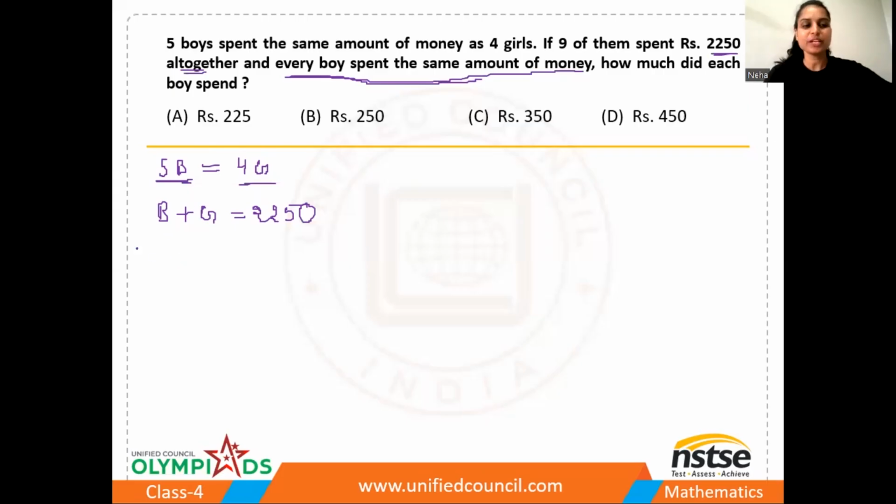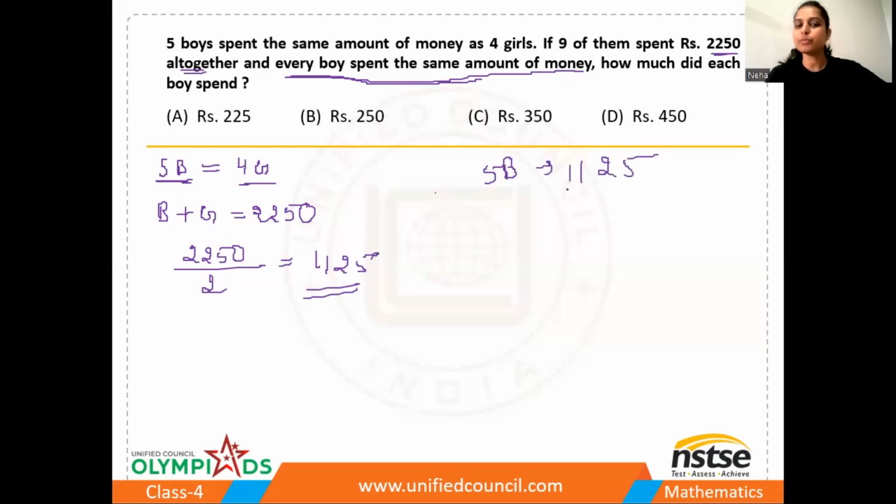So if I divide 2,250 by 2, it is equal to 1,125. That means 5 boys will spend 1,125 rupees. Same, 4 girls will spend 1,125 rupees, just half of the money.